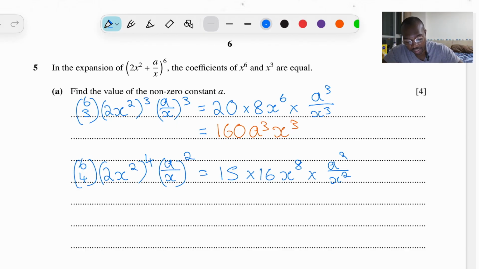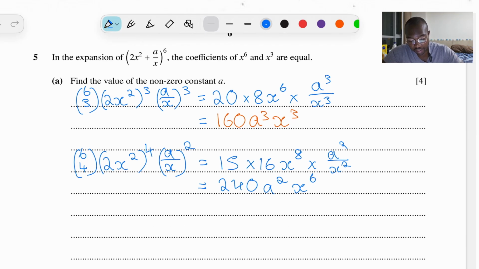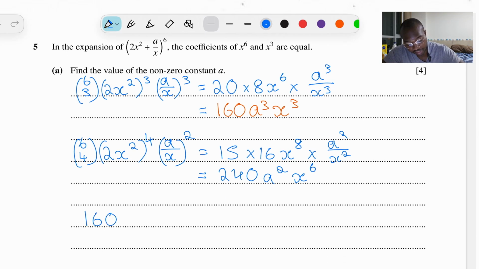And if we work this out, what do we get? Well, what's 15 times 16? Put into your calculator, you get 240 a squared. And then, as I said before, x to the 8 divided by x squared is x to the 6. So we've worked out, and we know that the coefficients must be equal. So we know that 160 a cubed, because the coefficients must be equal.